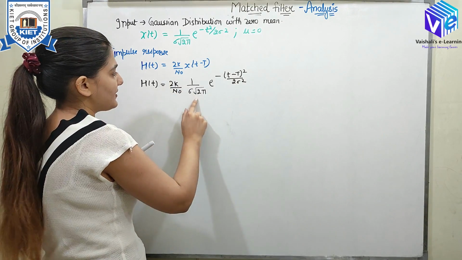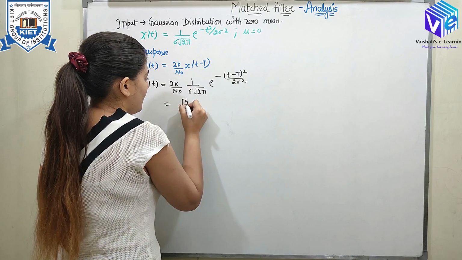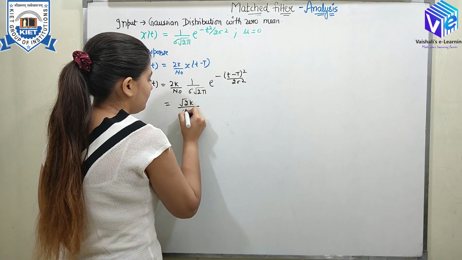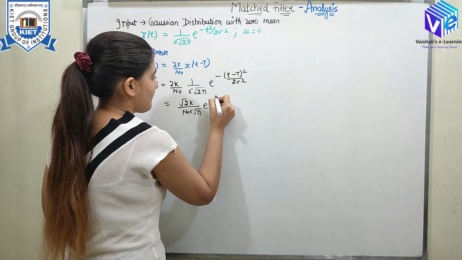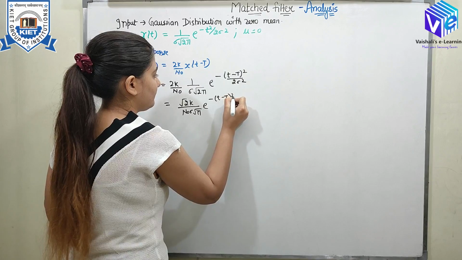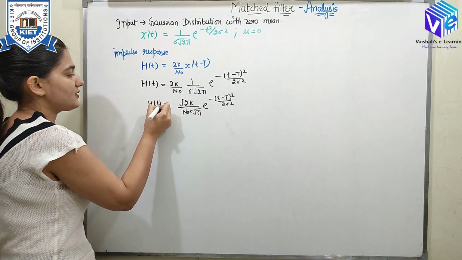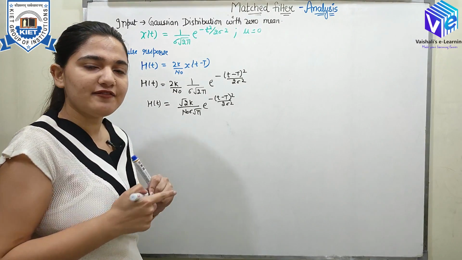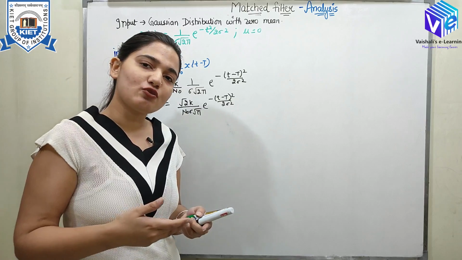I can cancel out this under root 2 as well, so it would be under root 2k. So this is my impulse response. The first thing, the impulse response for the given input, which is Gaussian in nature, I already found out.